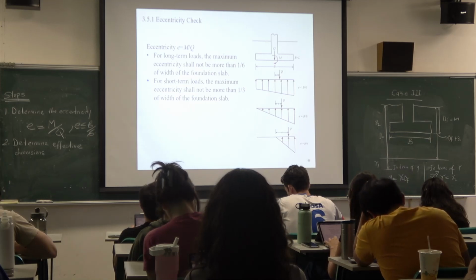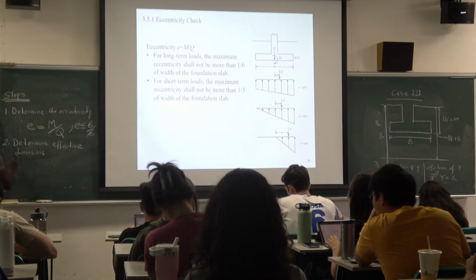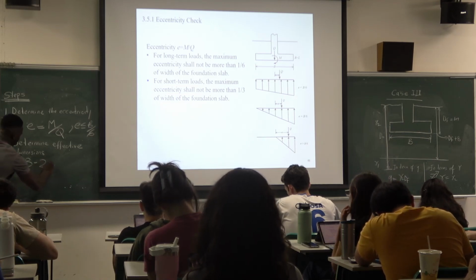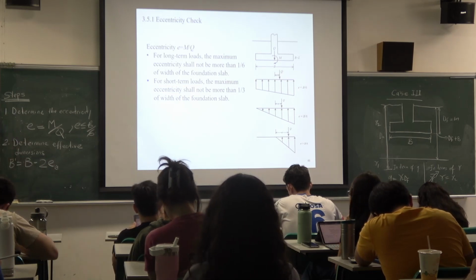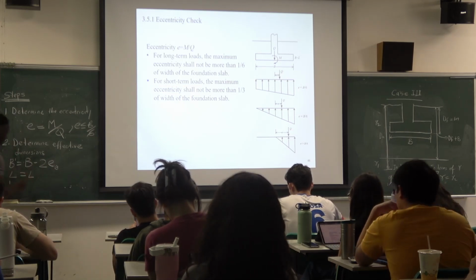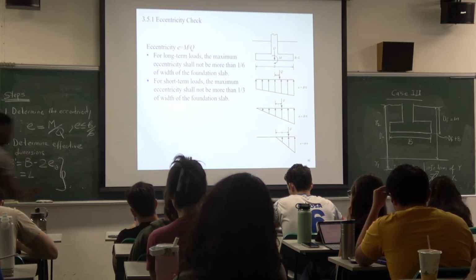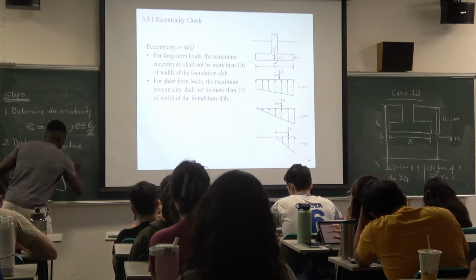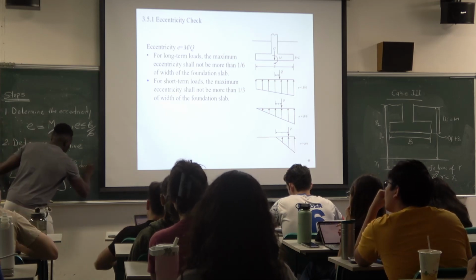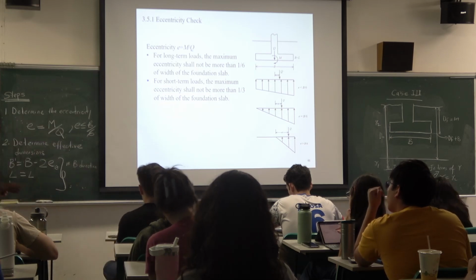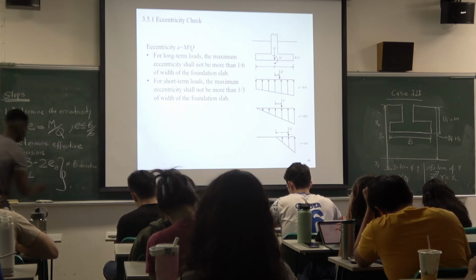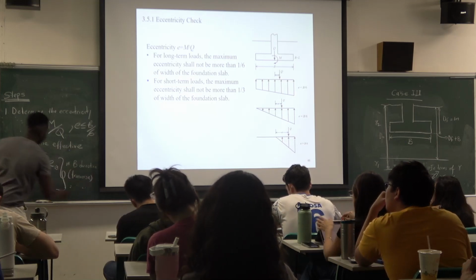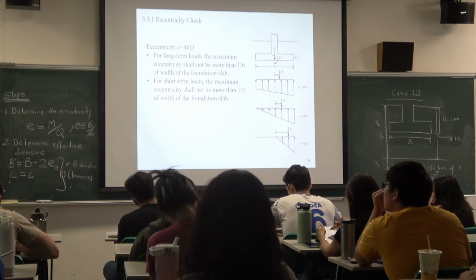So if the eccentricity is along the B direction, our B prime is the width minus 2 eccentricity, and L prime is still L.